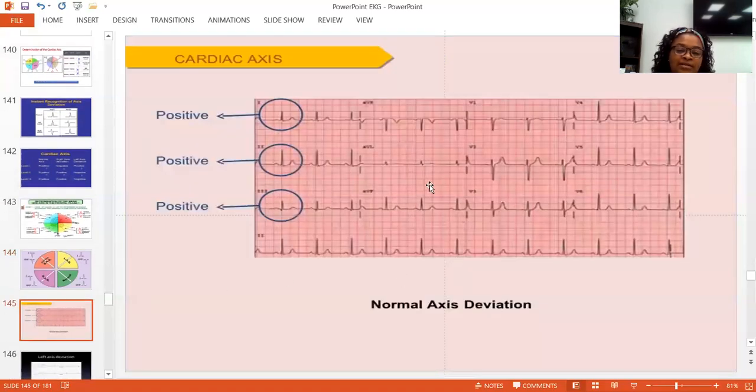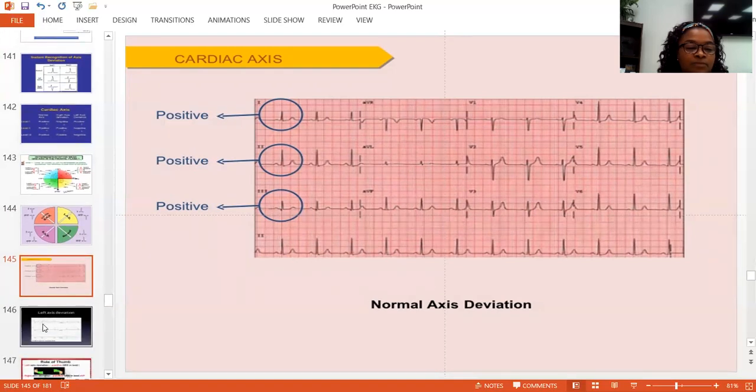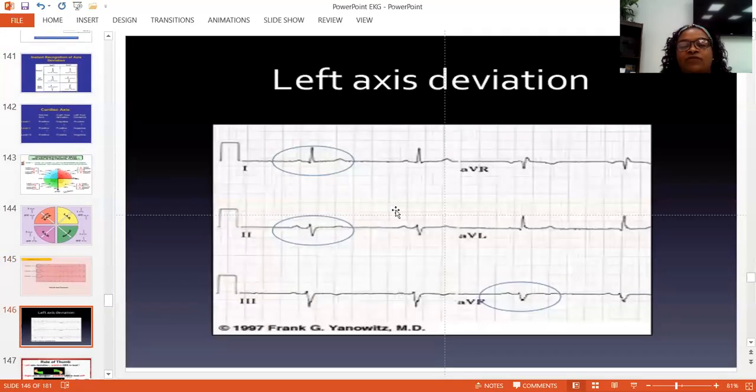So let's look at what it looks like on a strip for a normal axis. Here it's showing us right here in the circles, leads 1, 2, and 3, and we see that they're all positive. And if we look over here in AVF, we see our QRS is also positive. So let's see what it looks like if you have LAD, or left axis deviation.